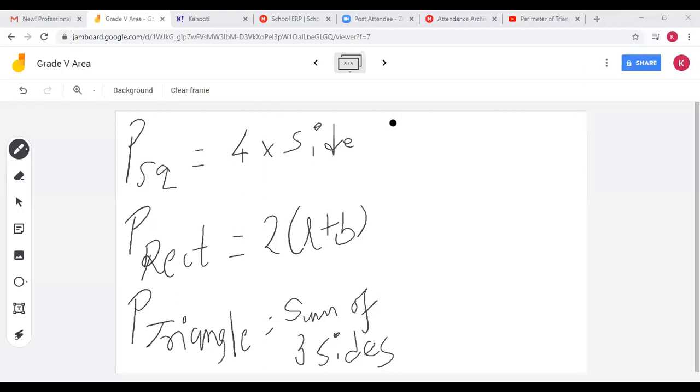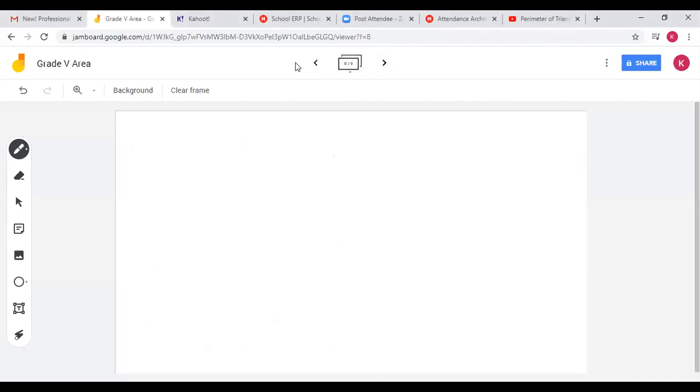Now, the formulas for area. I'll be sharing the video for this later on, but you need to note down the formulas.